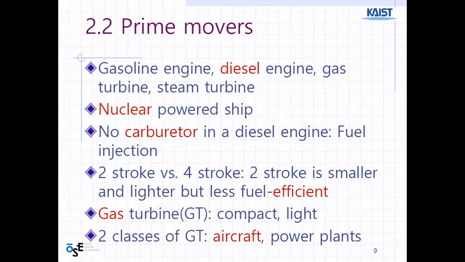For the diesel engine, there is no carburetor, but the gasoline engine has the carburetor. The gasoline engine has a separate injector, but for the diesel engine, the combustion is performed by high pressure.